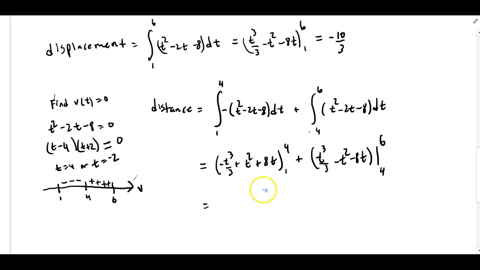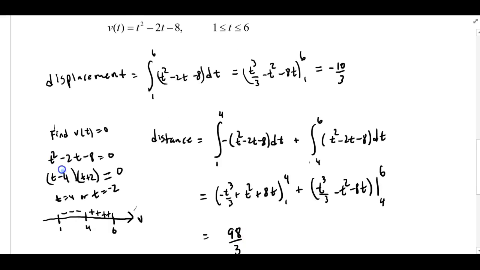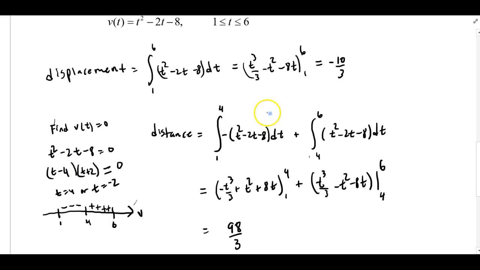We do the computations there, and the result you will get, I believe, is 98 over 3. All right, so that is how you find the displacement and total distance traveled by a particle.